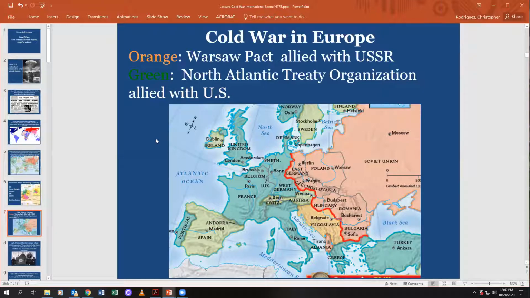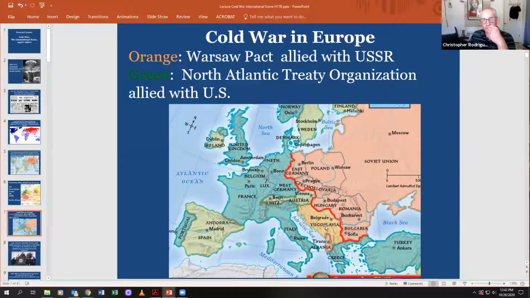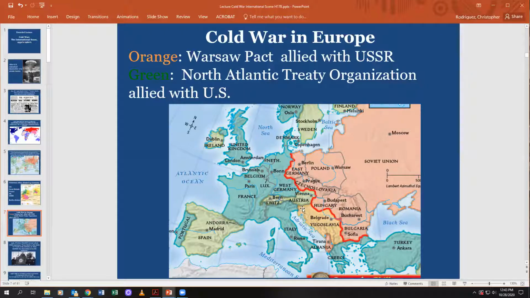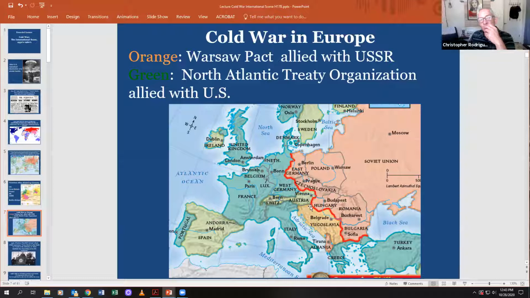I'm noticing, looking at this map, Yugoslavia is orange on it. I was under the impression that Yugoslavia was also a communist nation. It was a communist nation, but they weren't part of the Warsaw Pact. And Tito, the longtime dictator, communist head of Yugoslavia, was kind of independent in the sense that they weren't part of the Warsaw Pact.